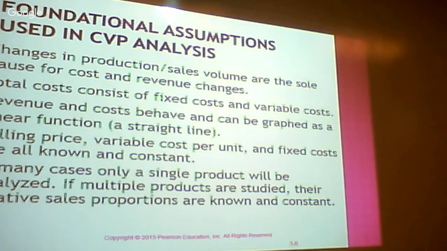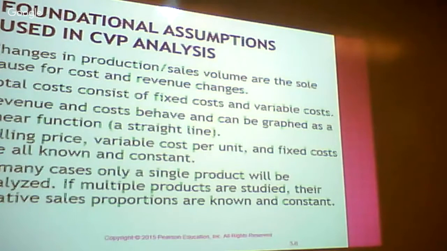Okay? In many cases, only a single product will be analyzed. If multiple products are studied, their relative sales proportions are known and constant. So basically, when we're doing these type of analysis, we're only looking at one product. Later on, we do multiple products in one of our examples. Basically, what we're doing is looking at one lens versus another lens.